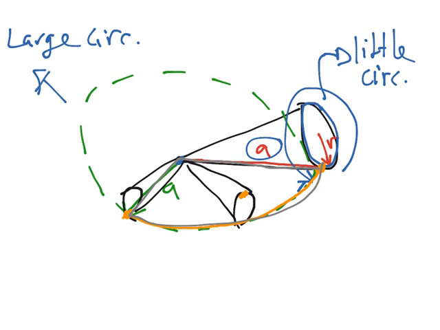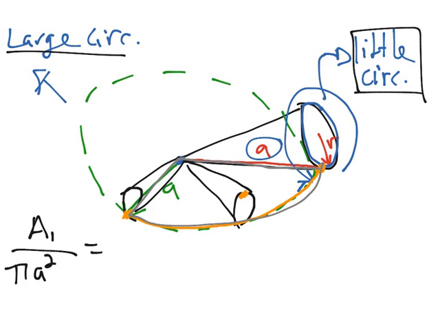So let's say a few things. We can say that this unknown surface area, let's call it A1, divided by the large surface area from our large circumference, which we all know is pi a squared, is equal to our little circumference over the whole circumference, because remember this is a ratio.